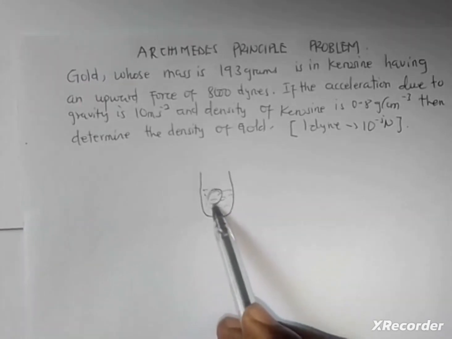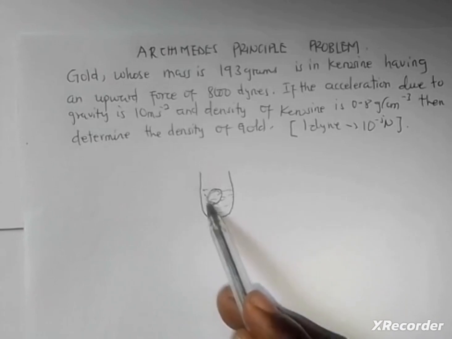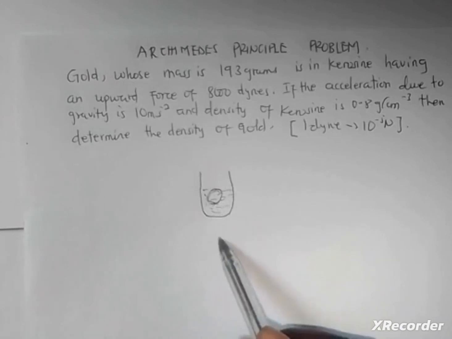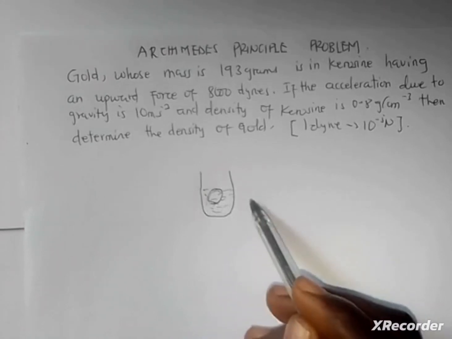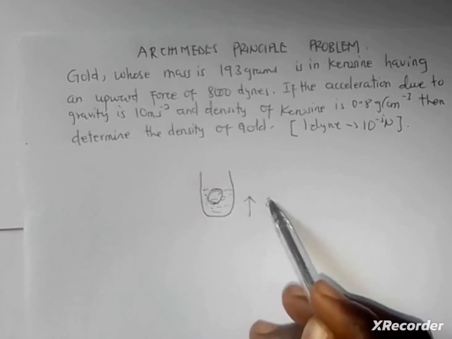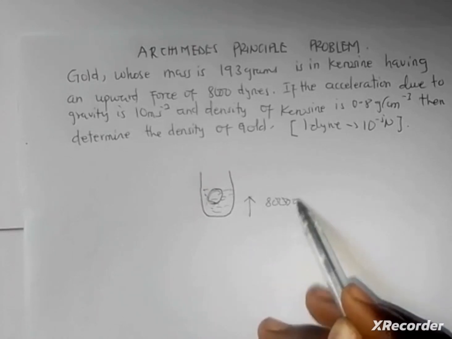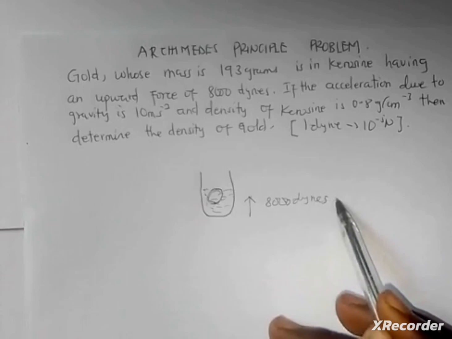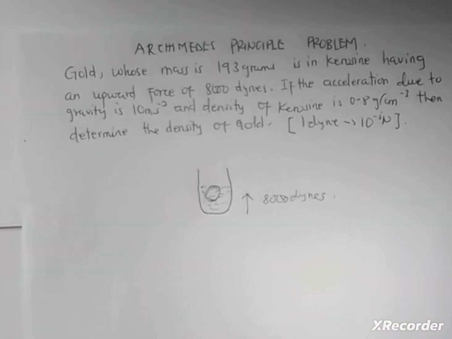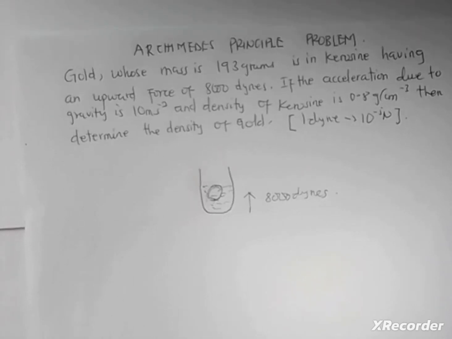As this mass of gold was immersed, it was opposed by an upward force of 8,000 dynes. So that is a buoyant force. They are asking us to find the density of this gold.